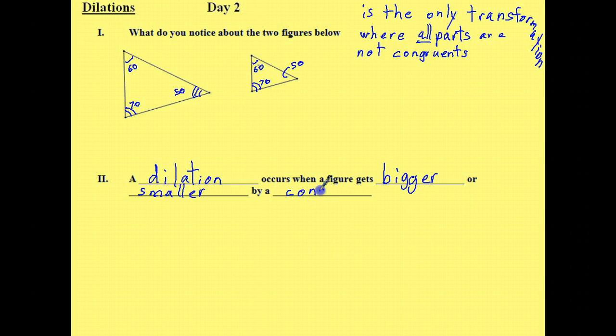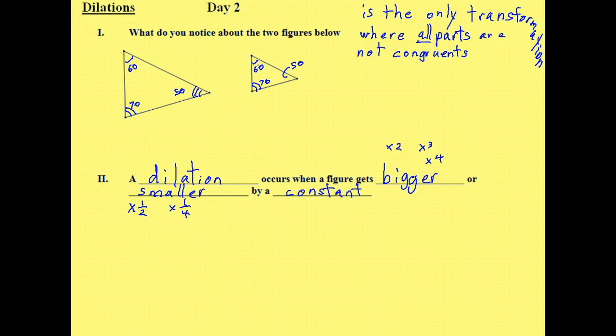And a constant is a number that doesn't change, it stays constant. Okay, bigger would be like times 2 or times 3 or times 4. Smaller would be like times 1/2 or times 1/4. So bigger is by a whole number, smaller is multiplied by a fraction.